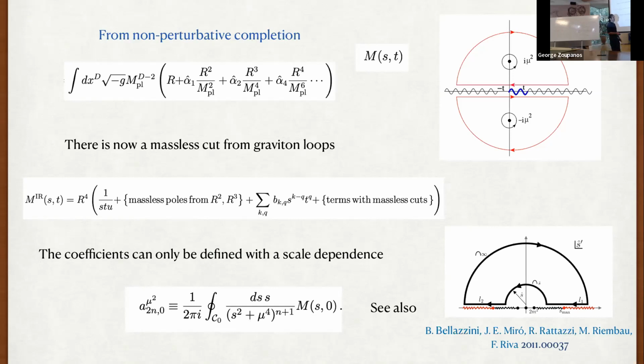And of course, that leads you immediately to a problem, which is how are you going to capture these coefficients from your amplitude? Because now the analytic structure is that you have a massless branch cut cutting across the entire complex plane. And therefore, it doesn't make any sense to do some contour integral along here because you have a branch cut. So that's not a well-defined analytic operation to do.